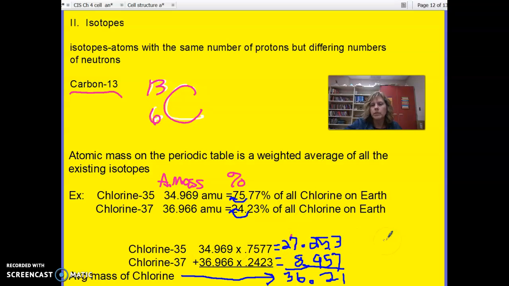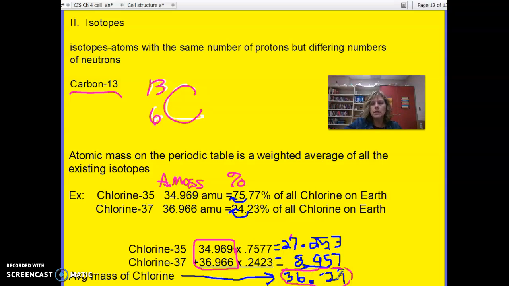I'm pretty sure I multiplied right like 6 times, but I'm using my phone and I don't know why it consistently gave me the wrong answer because I double checked it 4 times. But anyway, because I knew when I looked at that number, I'm like, that doesn't make sense. This number should be somewhere in between these two numbers, and it should be closer to the one that's more abundant. That's a good check at the end.